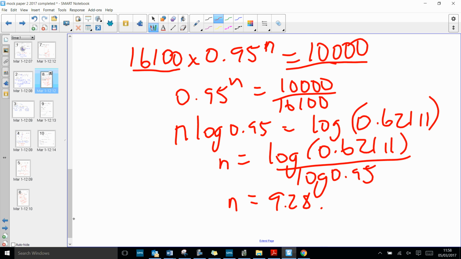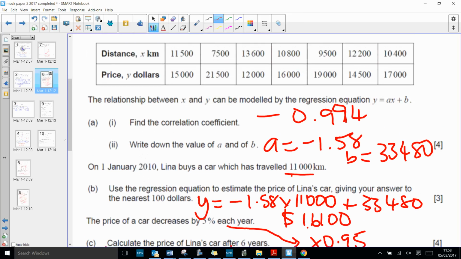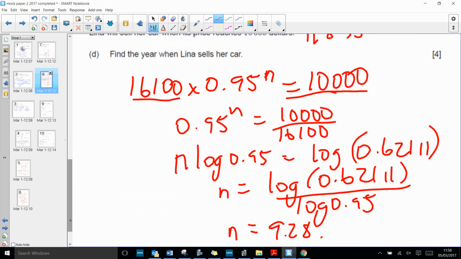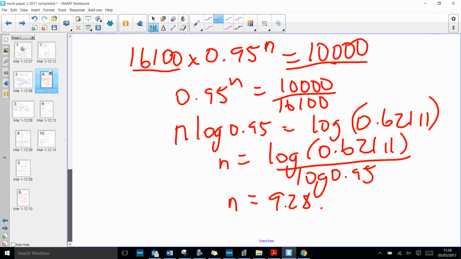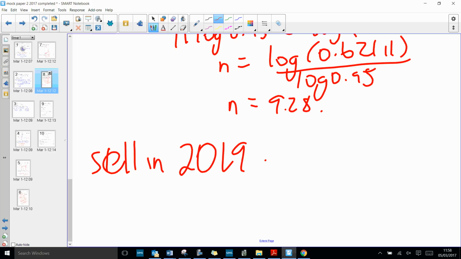So that will be 10, so she bought it in 2010. So that means that she's going to sell it in 2019.